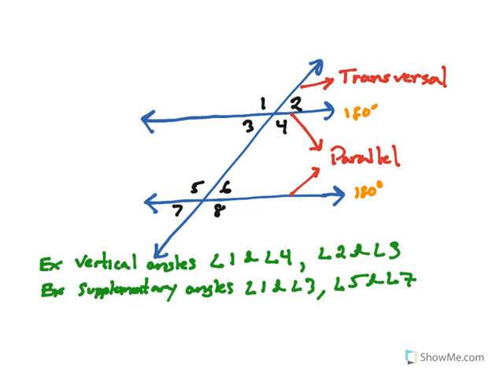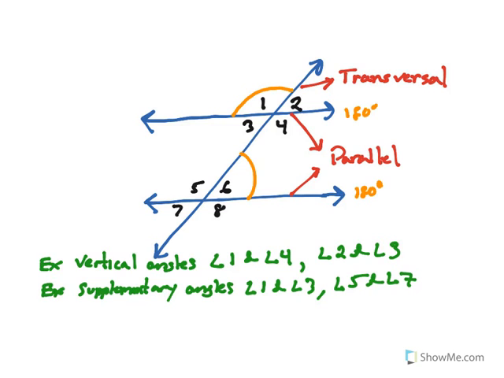Another important concept, let me use a different color here. I guess we use orange. So let's say you have angle 1, and let's say you had angle 6. All right? Angle 1 and angle 6. Okay? They're going to have the same exact measure.